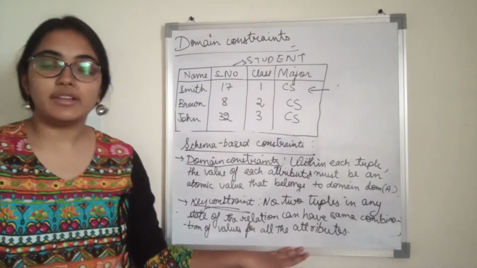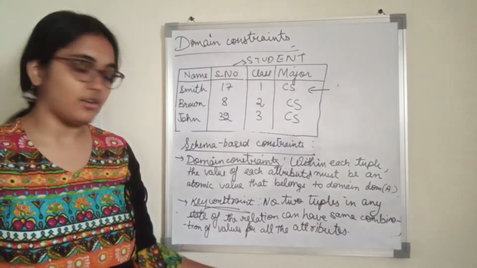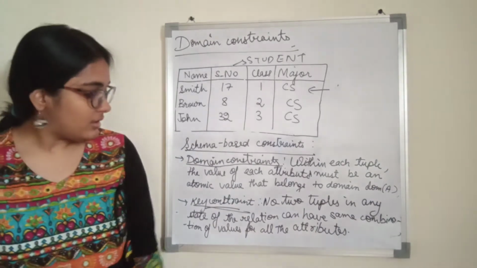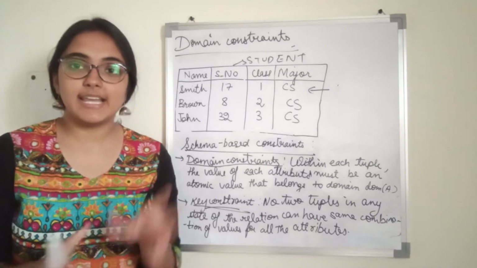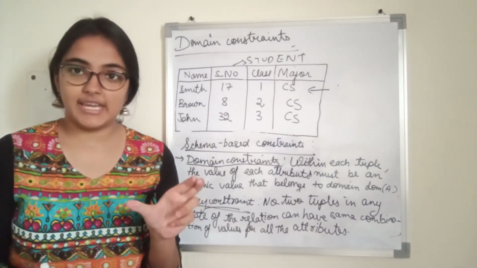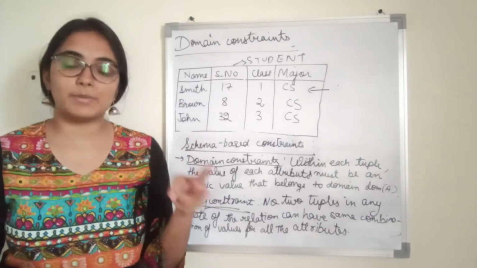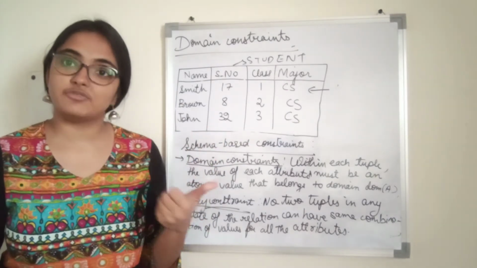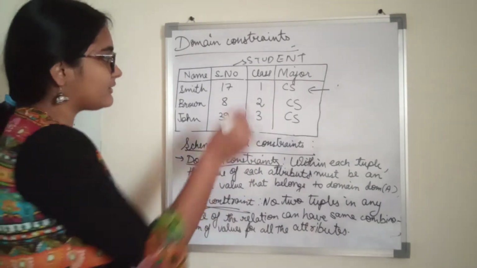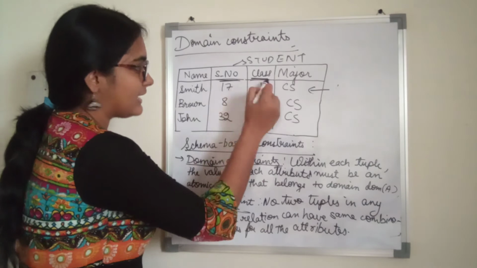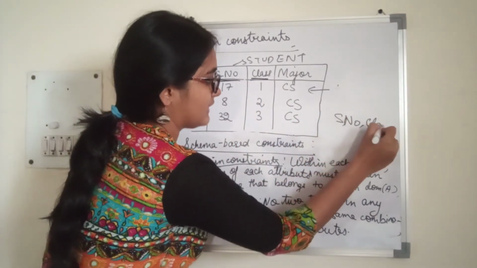So let us now define the concept of super key, key, candidate keys, and all of that stuff, right? A super key is a set of attributes that we define for a particular relation schema such that no 2 tuples can have the same combination of values for these attributes. Let us say student number and class.